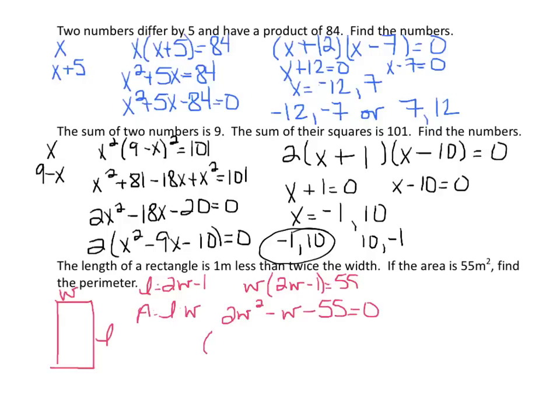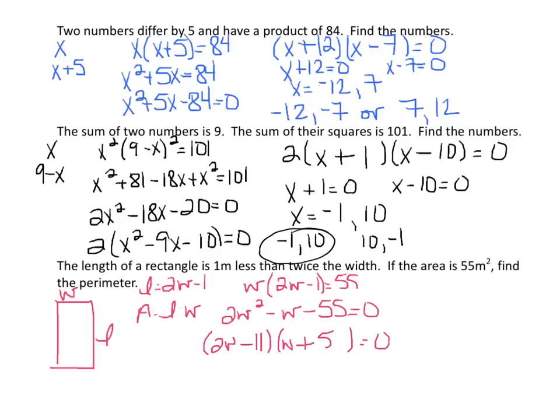And then to factor, I know I have 2w and w. I know that I have a minus and a plus. And so let's see, if I make this factors of 55, that would be 5 and 11. So 2w times 5, that's 10w. Negative 11 times w, that's negative 11w.